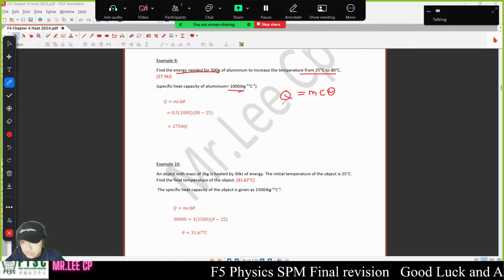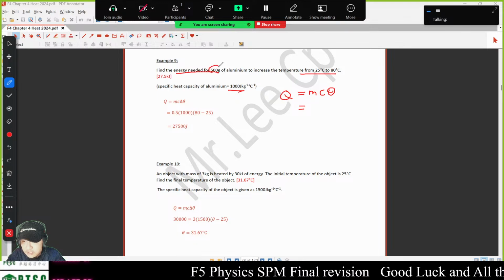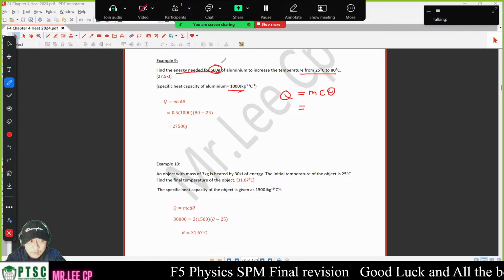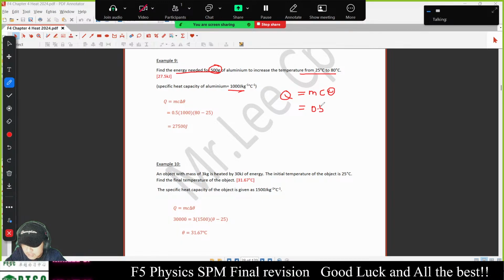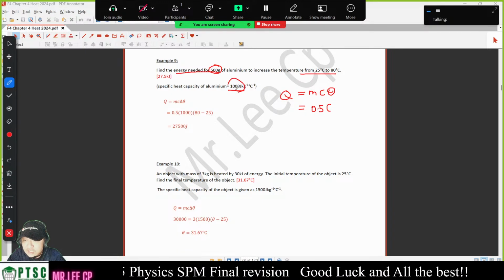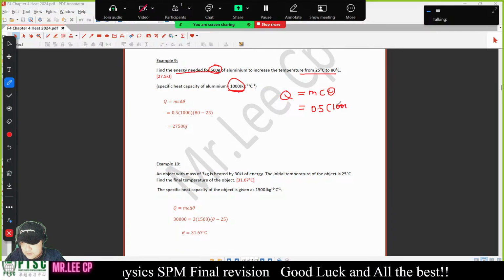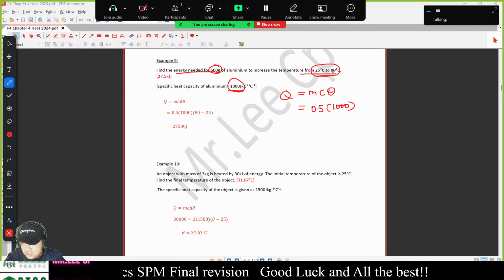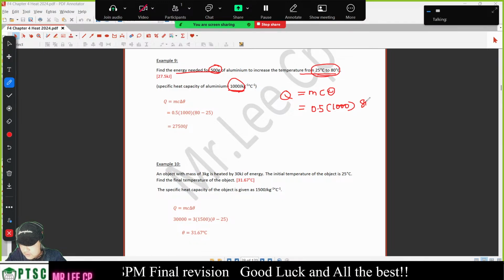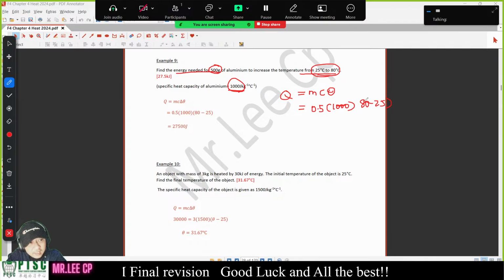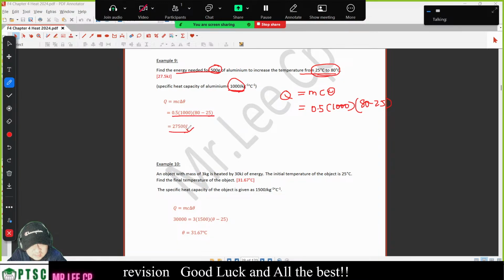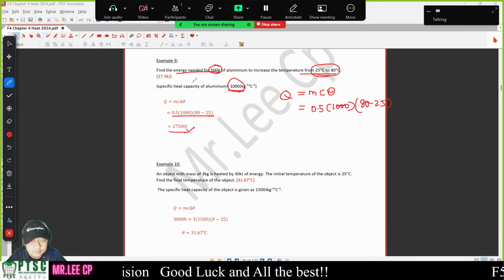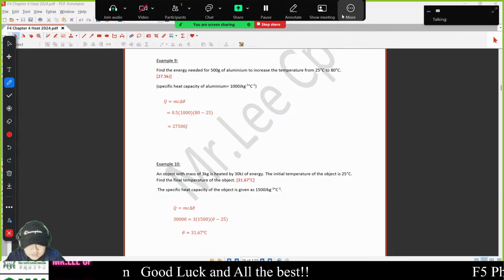Q I don't have. m is 500 grams, don't use grams, use kg, so 0.5. c is 1000. Theta, the change in temperature, is T minus 25. So you will get the answer. The answer is in joule. The unit must be in joule.